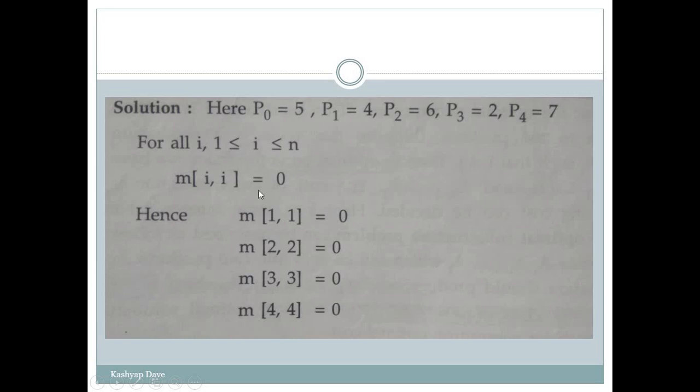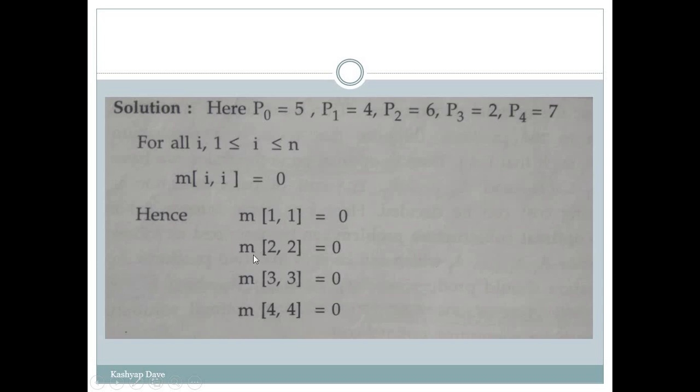Now first of all we will start with the multiplication of a single matrix. If we want the multiplication of A1 alone, then no multiplication is needed, because a multiplication happens only when we multiply two matrices. If we have a single matrix, then the cost is 0.